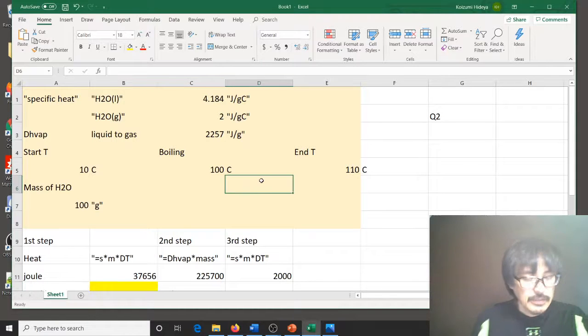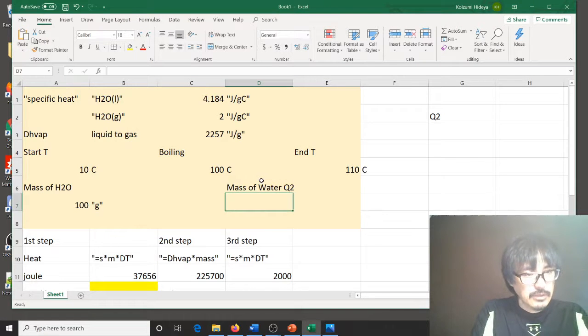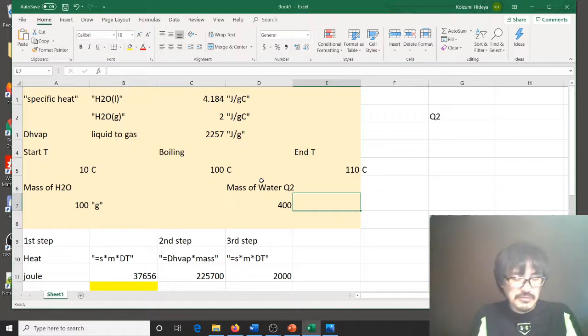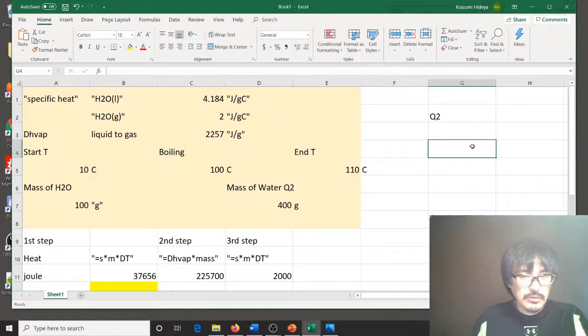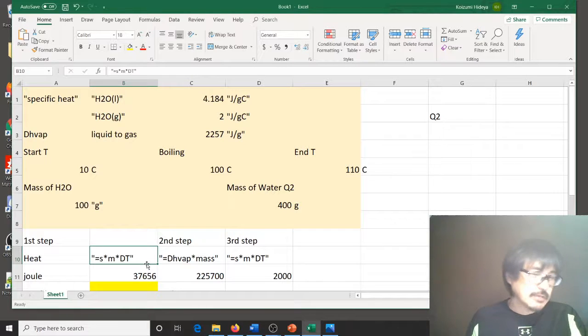So mass of water for Q2, that's 400 milliliters, but 400 milliliters is pretty much 400 grams, so I'm going to put it as grams. Then for question number 2, it's the same stuff here, right? Specific heat times the mass times the change in temperature.